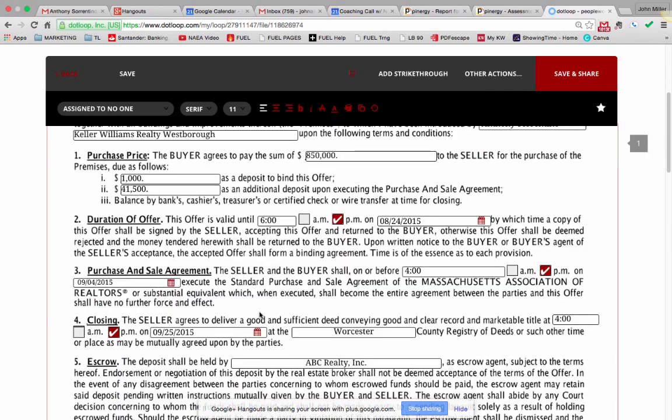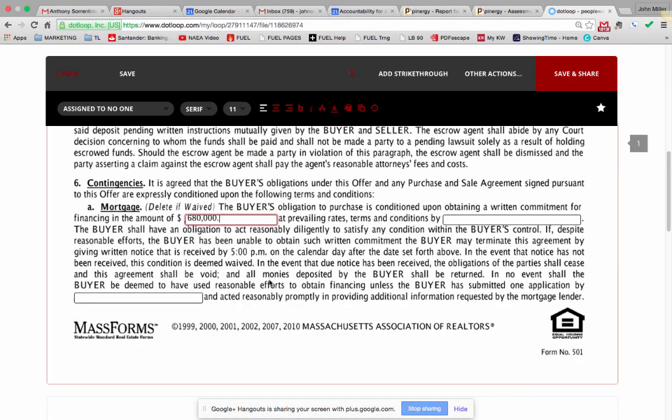let's see, so $850,000 minus $42,500 for the deposit, which will be applied to the purchase price at the closing.